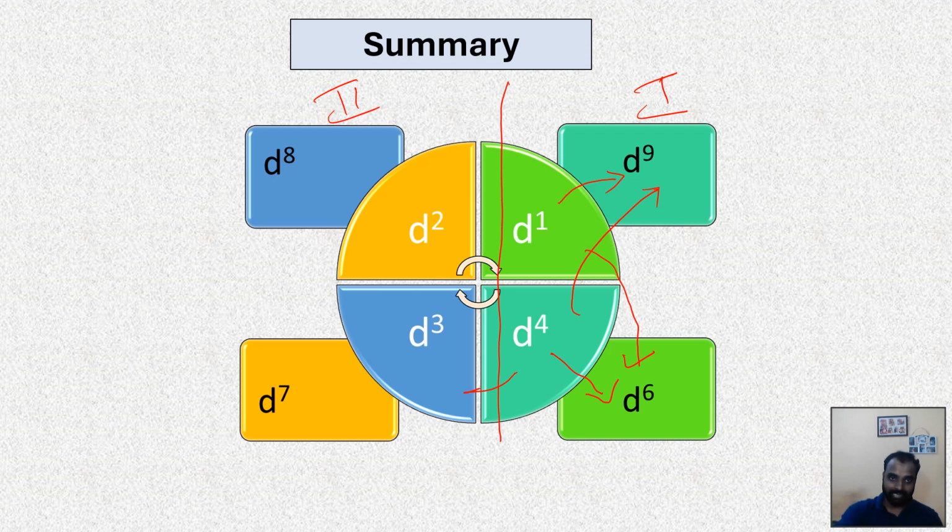In this second case, D8 and D2 are opposite. D2 octahedral is just the reverse of D8 octahedral, and D7 octahedral is just the reverse of D3. D3 and D8 have the same type of Orgel diagram, and D7 and D2 have the same type of Orgel diagram. Thank you.